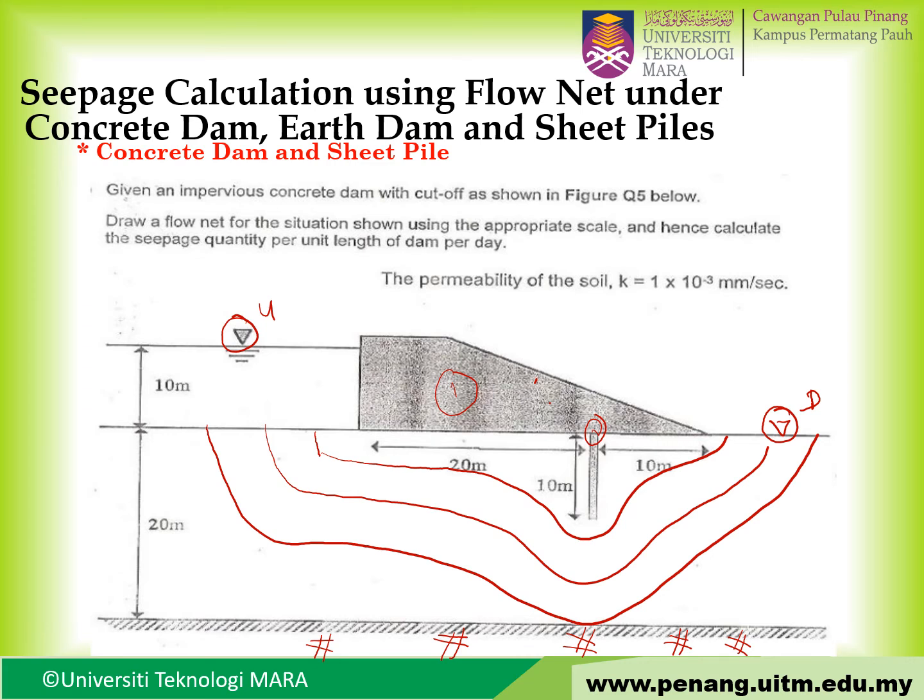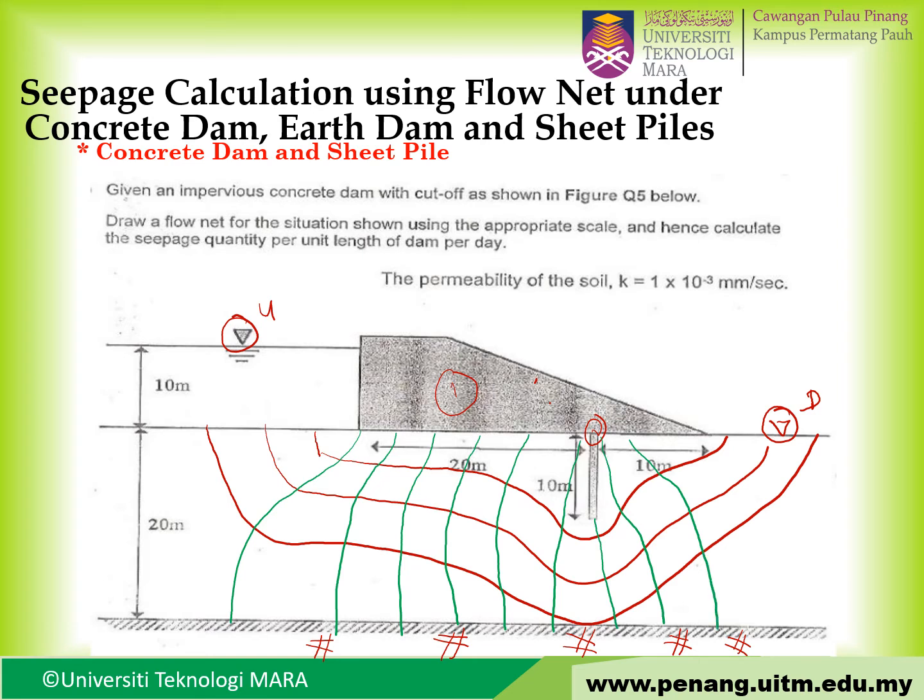Next, you have to draw the equipotential line. So you have the flow lines and equipotential lines. The equipotential line should be something like this. This is an example.